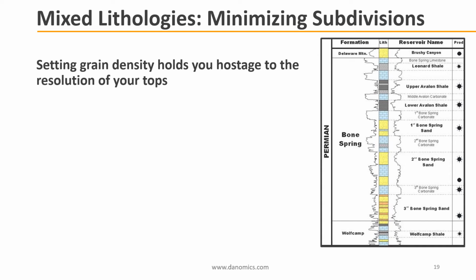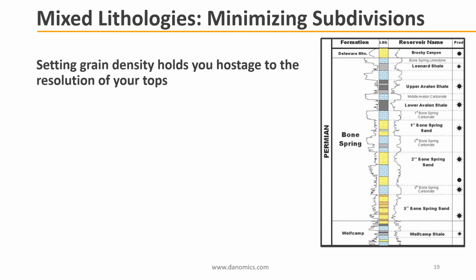And if you had to set a matrix density on this, you're really held hostage to the resolution of your tops. So, okay, maybe if you want to analyze your first Bone Spring sands, you could set that and get it right here, and maybe you're going to be pretty much correct for your second bone as well. But you're going to be wrong when it comes to any of these interbedded carbonates.